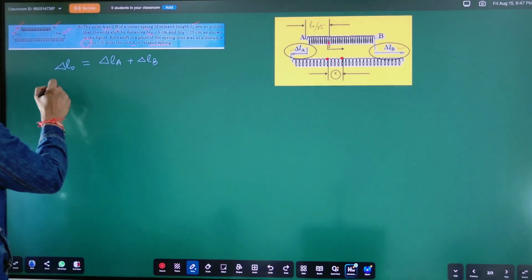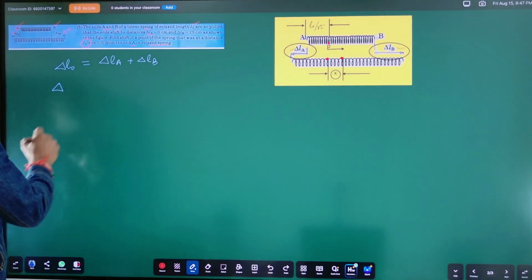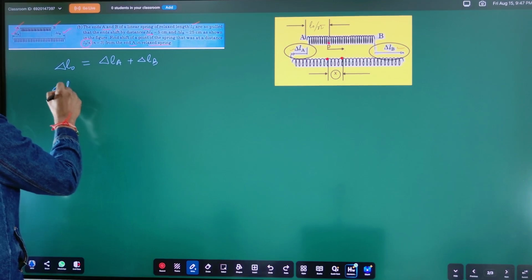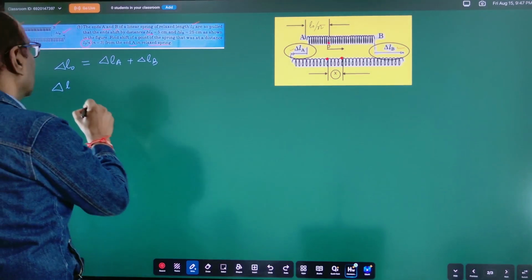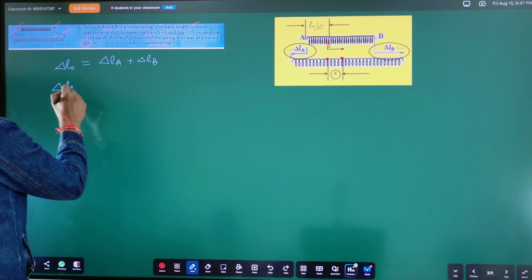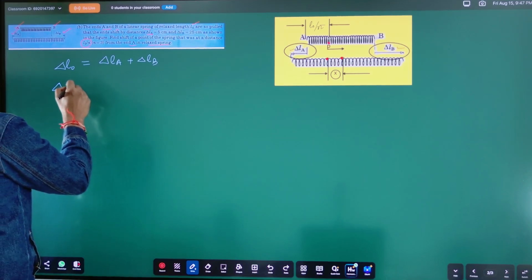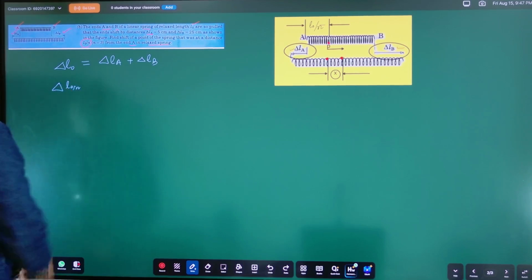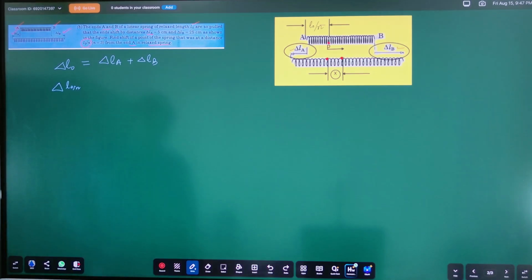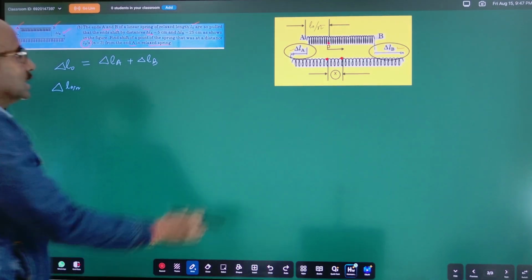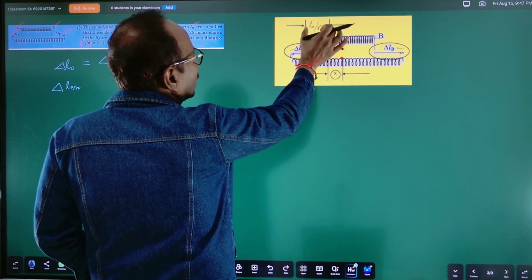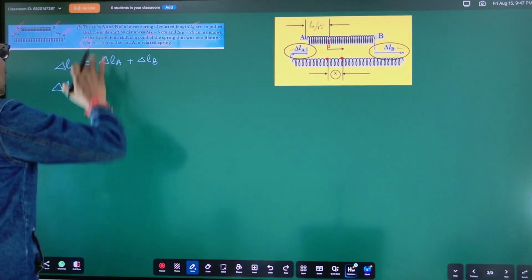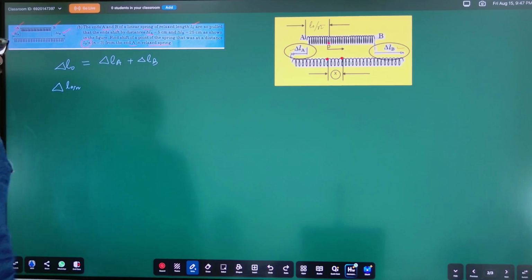Okay. So if you say delta L0 by n, how much change has come in this section? This is L0 by n as per the question.